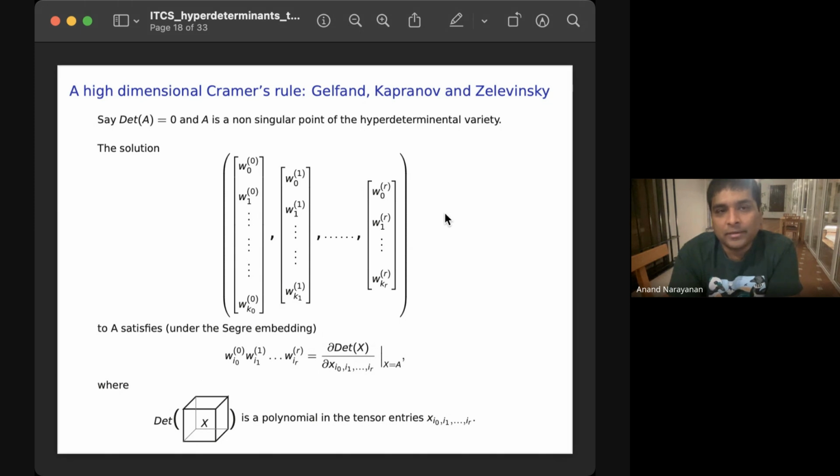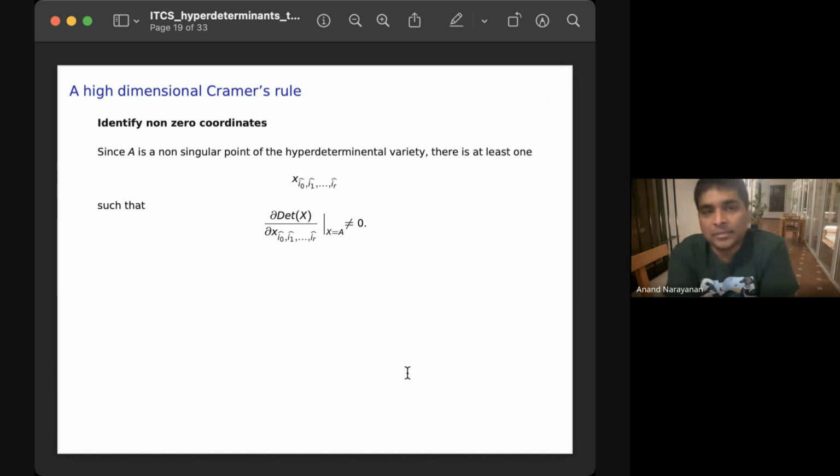One thing to note here is that A being a non-singular point merely means that there is at least one tensor entry with respect to which the partial derivative at A is non-zero. That's all it means, right? So there is at least one tensor entry, which we can find by just enumerating all these partial derivatives, and it is non-zero.